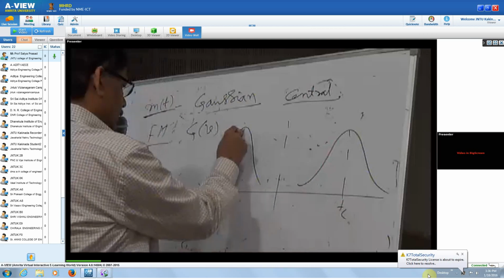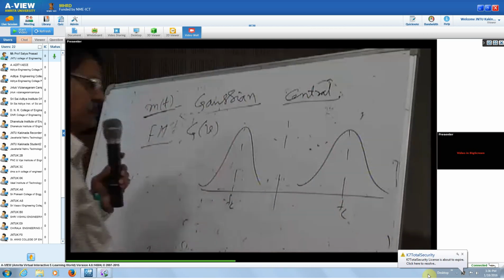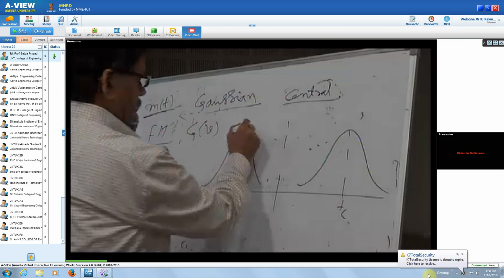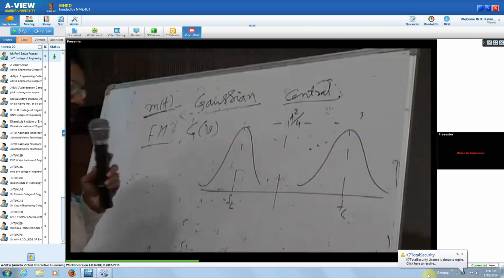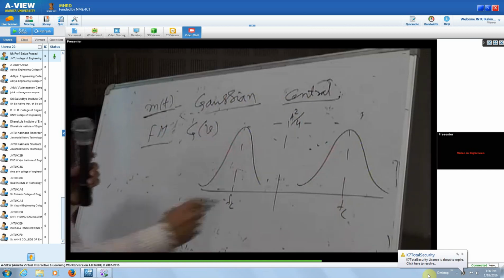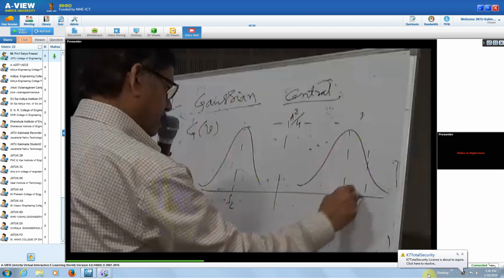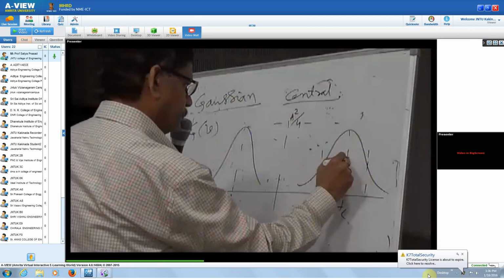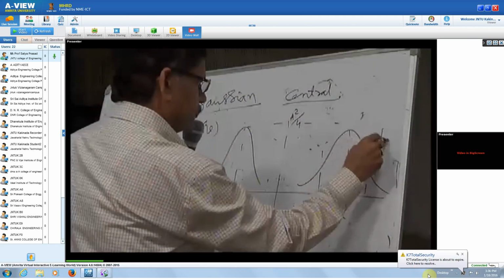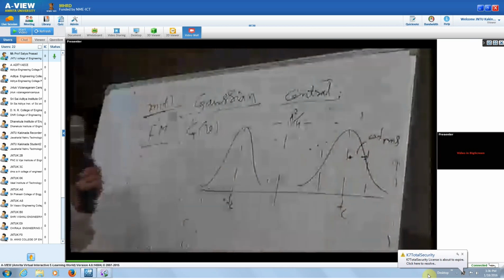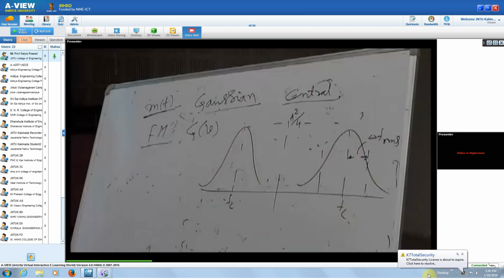Fc minus Fc, a square by 4 magnitude, and this will be the delta F RMS, which is going to be the variance of the distribution.